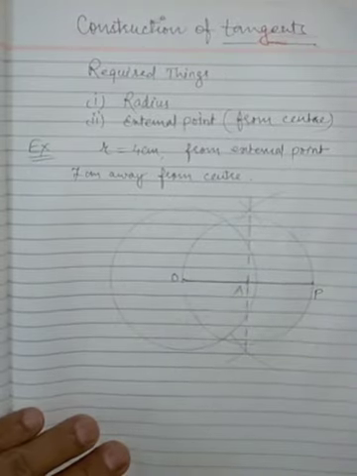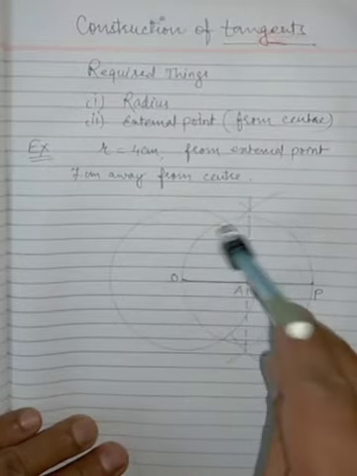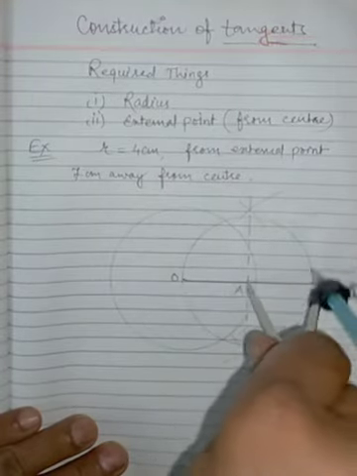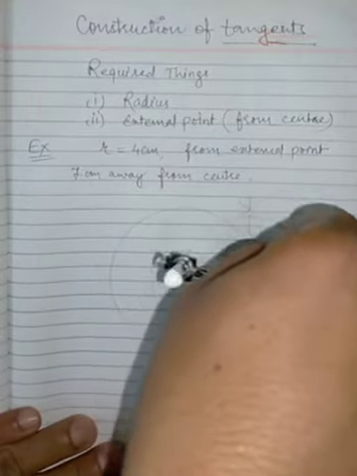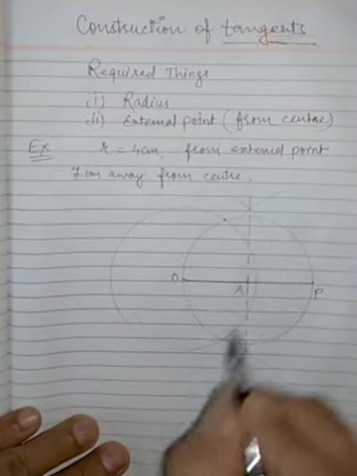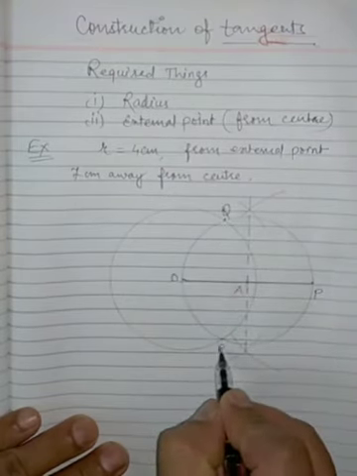I hope you got the idea. Using A as center and using OA or PA as radius, we will draw another circle which will intersect our previous circle at 2 points. Let it be Q and R.